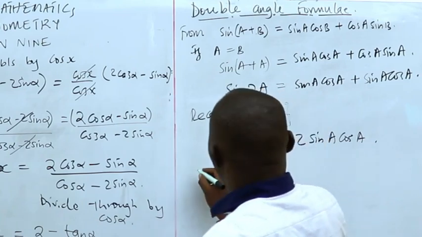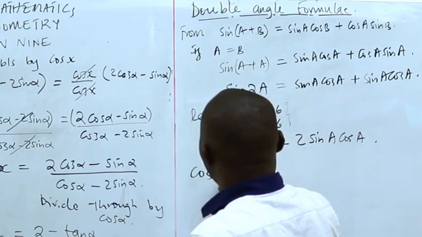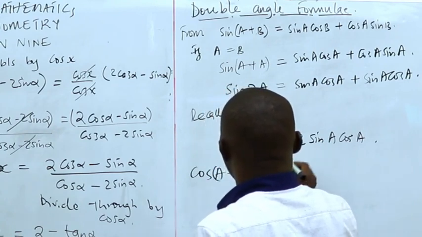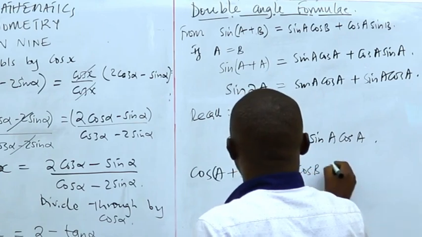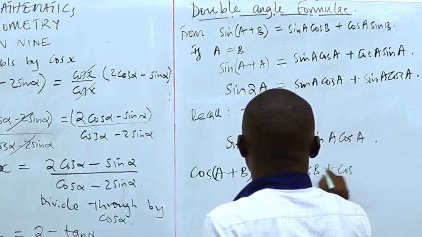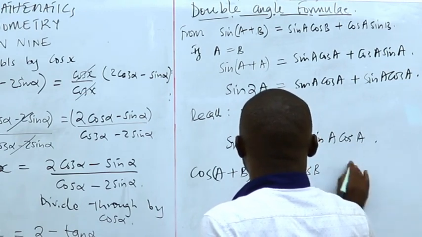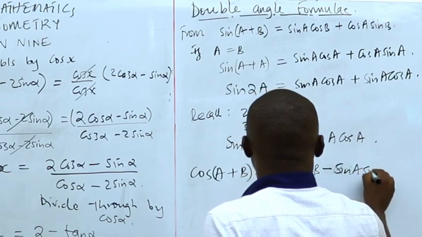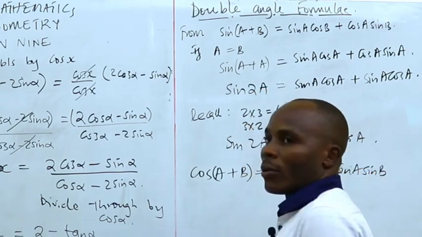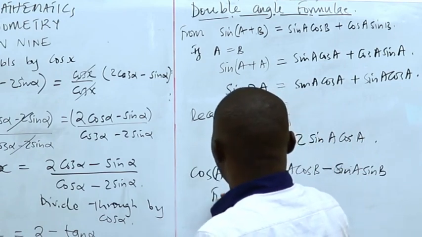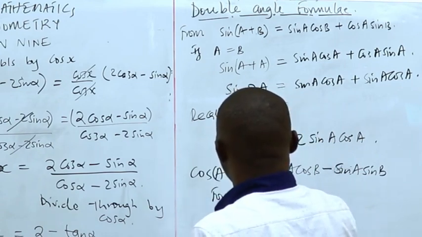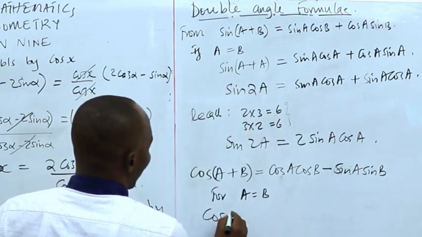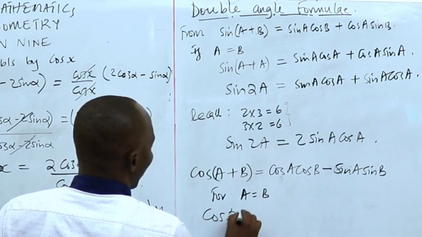Now, let's look at cos. Cos of A plus B, we discovered that it is cos A cos B minus sine A sine B. Okay, and for A is equal to B, if the two angles are equal, that means I will have cos of 2A.